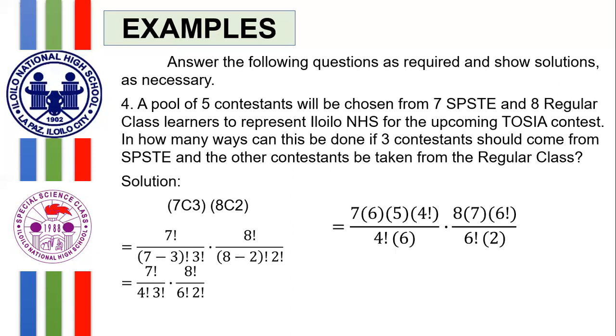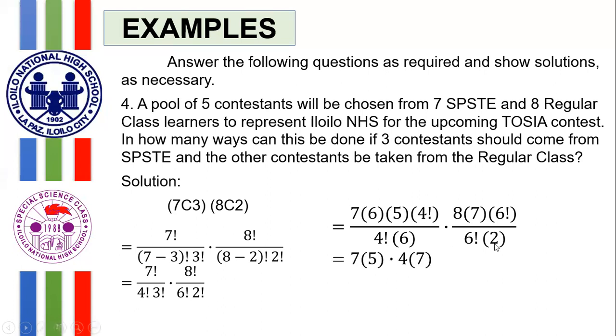By expanding, we have 7, 6, 5, 4 factorial all over 4 factorial, and the 3 factorial is 6, so we have here 6. For the second one, I stop at 6 factorial because there's a 6 factorial here. So I have 8 times 7 times 6 factorial all over 6 factorial, and 2 factorial is 2.